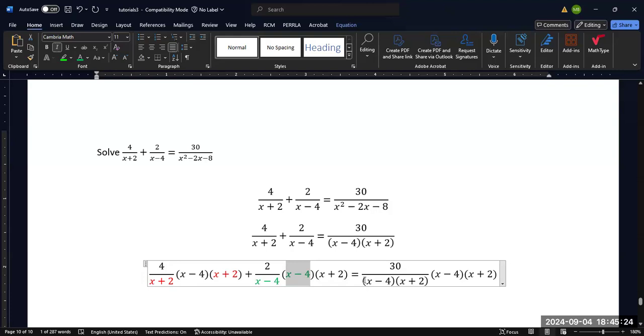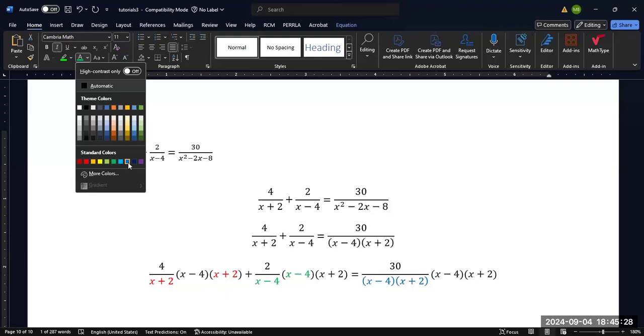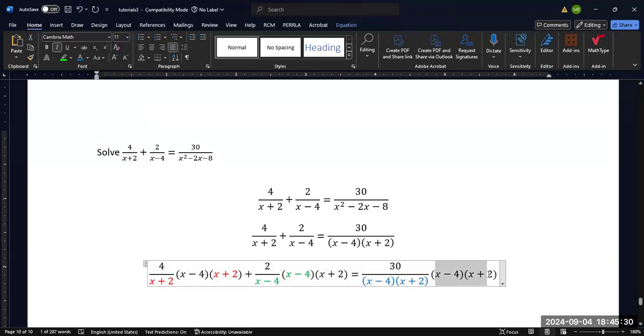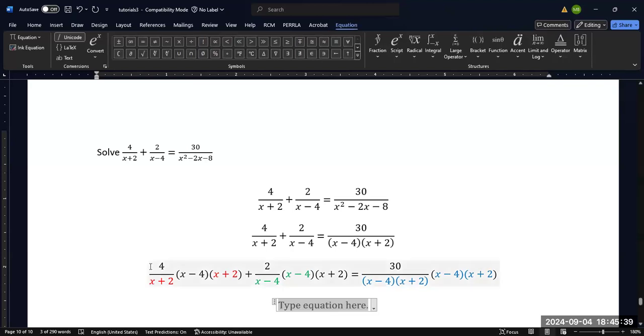And on this side of the equation, both factors are going to cancel with the denominator. And so what we're going to be left with is 4 times the factor that didn't cancel, and then 2 times the factor that didn't cancel. And then on the right side, since both the factors in the denominator canceled, we're just left with 30.